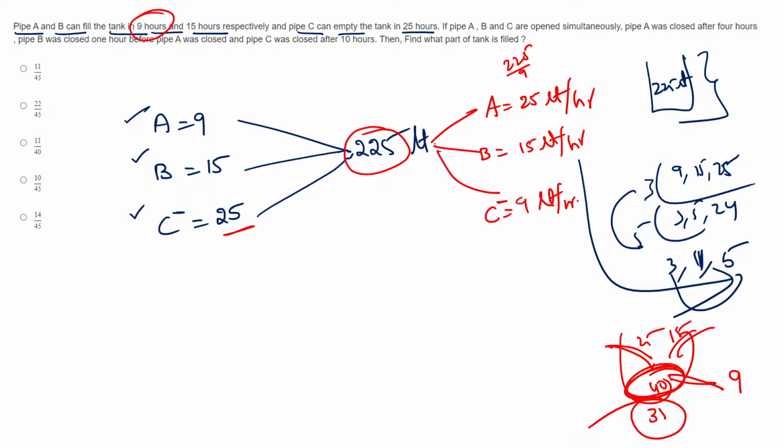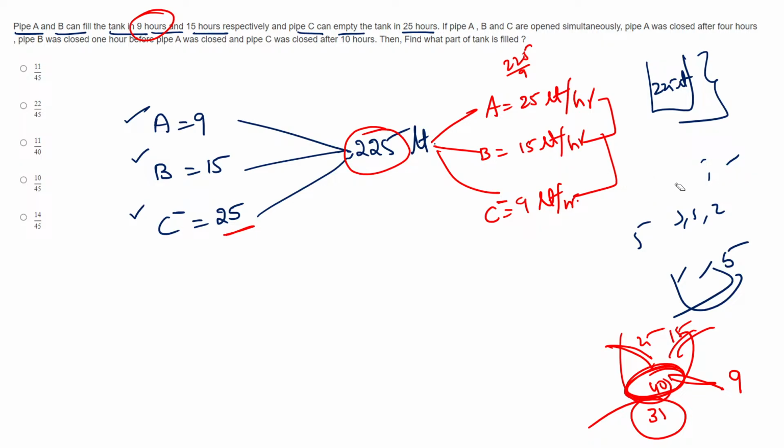Pipe A can fill 25 liters per hour, pipe B can fill 15 liters per hour. If you check after 1 hour with only these two pipes opened, there is going to be 40 liters inside the tank. But if you open pipe C also, this is going to leak 9 liters in that 1 hour. So the net water is going to be just 31 liters after 1 hour.